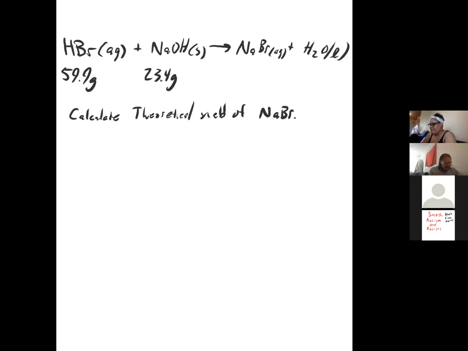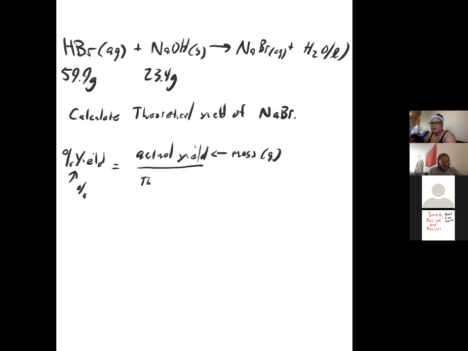So just a reminder, remember we had 3 things. We had percent yield. This one's just going to be a percent. That is equal to the actual yield. This is going to be a mass in grams. And that's divided by the theoretical yield. I'm going to abbreviate it.